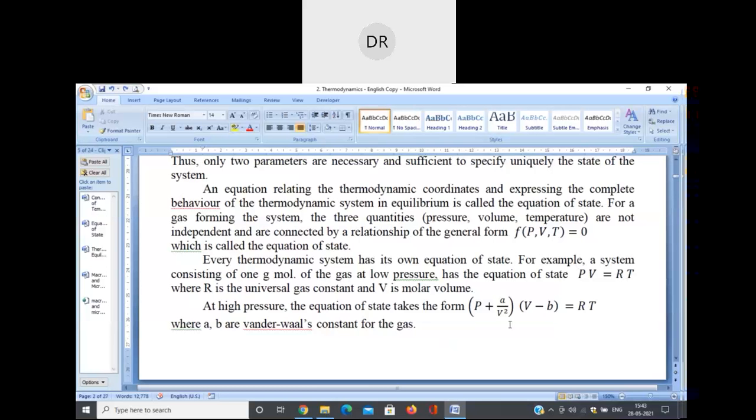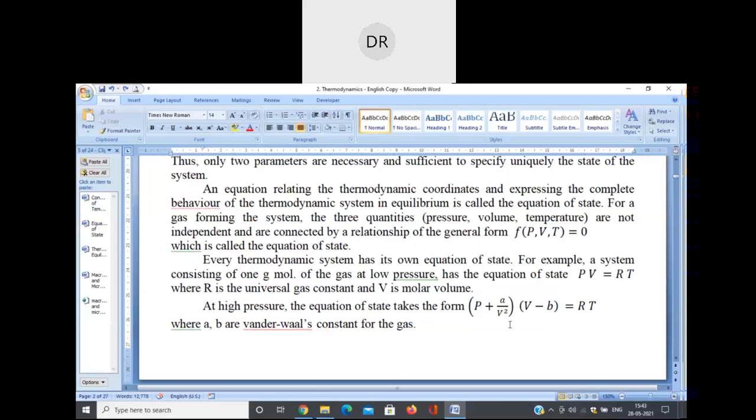Here, the additional term in pressure, a/V², is treated as the internal pressure of a system. Similarly, in the volume term, b relates to the volume constant. It differs for different molecules. So that comes into place for an actual gas, a laboratory gas, or a van der Waals gas.